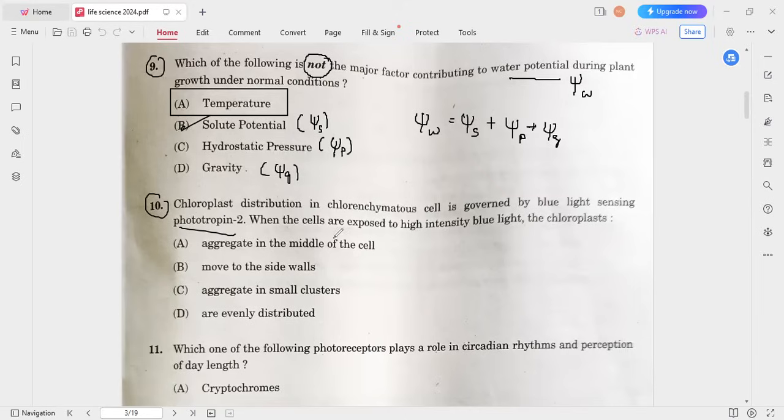Phototropin 2, also called phot 2, mediates the avoidance response and counteracts the phot 1 action under a high light environment.